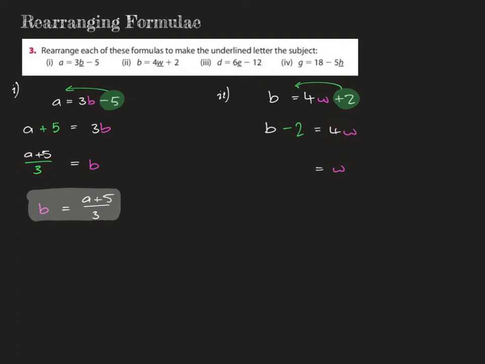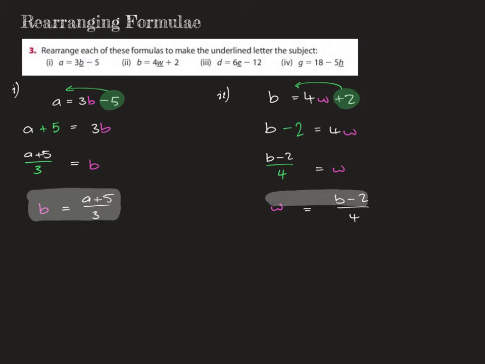So I'm going to divide this by 4 to get W. I have to make sure I divide the other side by 4 as well. So my final answer there would be W equals B minus 2 all over 4.